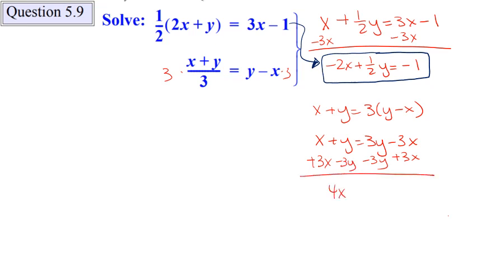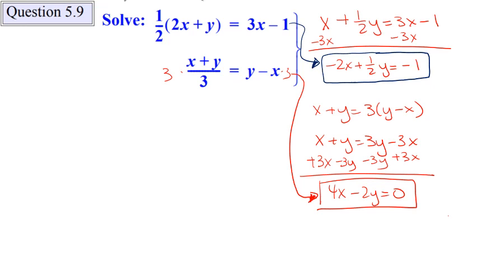We have 4x minus 2y equals 0. So the second equation became this. So what I'm really doing is simplifying the original equation, and then I want to keep it in, this is called, by the way, standard form, where x and y is on one side and a number is on the other side.